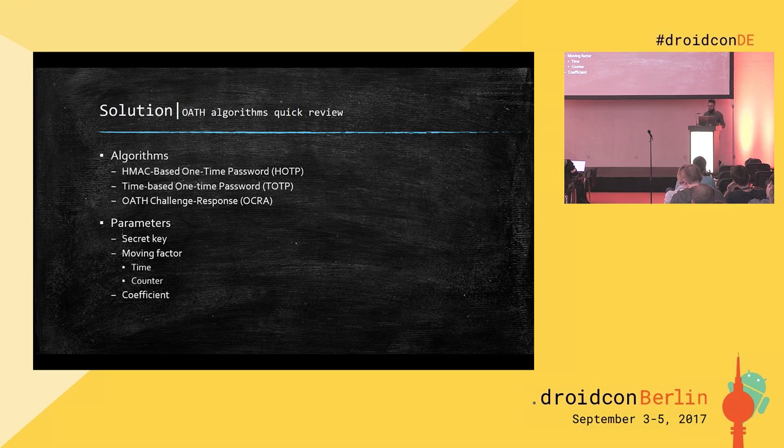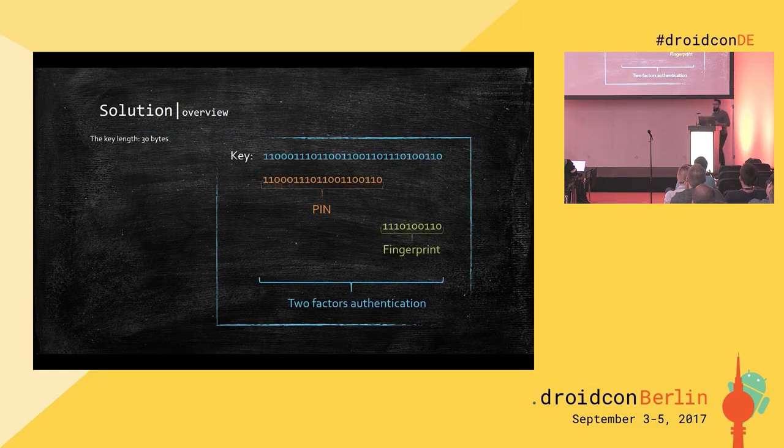digits, and so on. Now, an overview of this approach: I suppose the whole key is 30 bytes, generated by the server and sent to the mobile application. When you receive this secret key on the mobile application, you just need to split it into two parts.